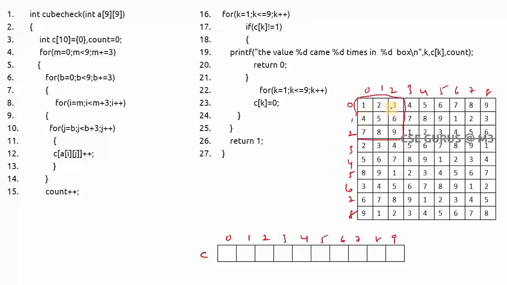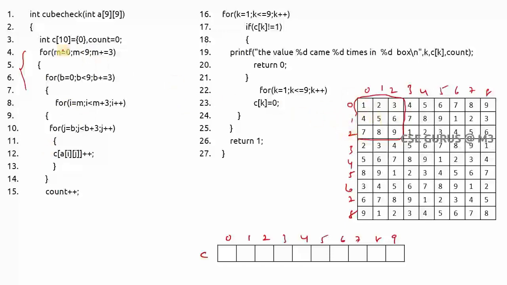So how to do this? What I have done here is I have taken 4 for loops. The first 2 for loops are used for each cube. Totally how many cubes are there? 1 2 3 4 5 6 7 8 9. And the second 2 for loops are similar to traversing each row and column.